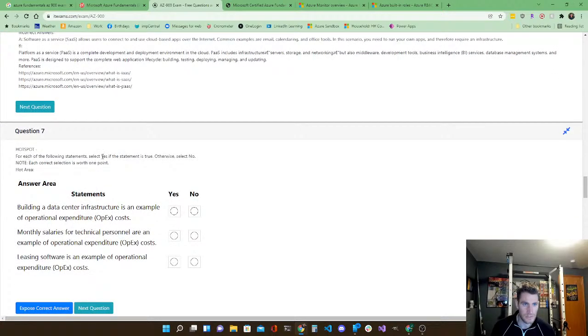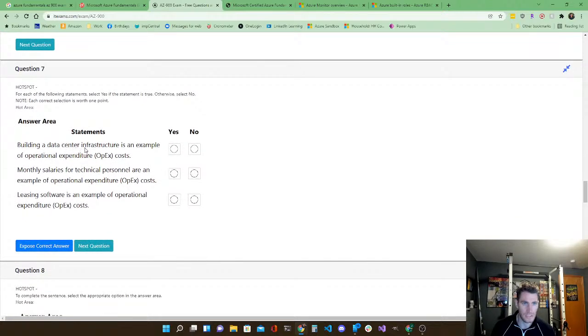Hotspot, for each of the following statements, please select yes or no. Building a data center infrastructure is an example of operational expenditure costs. No, that would be capital. Talking about servers and stuff, that's capital, so no. Monthly salaries for technical personnel are an example of operational expenditure costs.